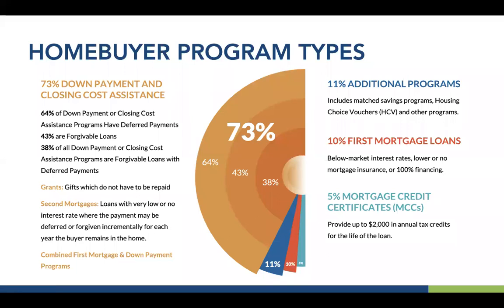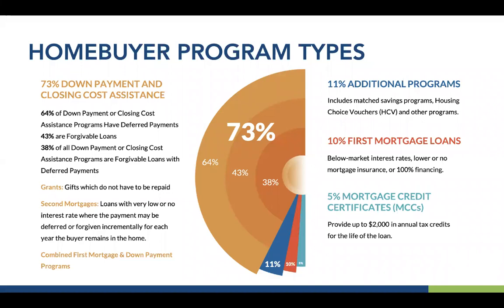Now, a lot of programs are actually deferred, meaning you don't have a monthly payment, but maybe it's due back if you refinance or sell the house or move out of the house because it's no longer your owner occupied residence. So a lot of programs are deferred, and then 43% are forgivable loans.